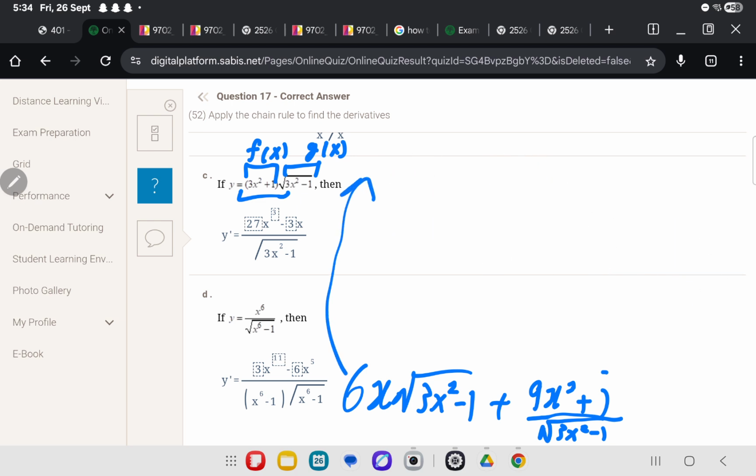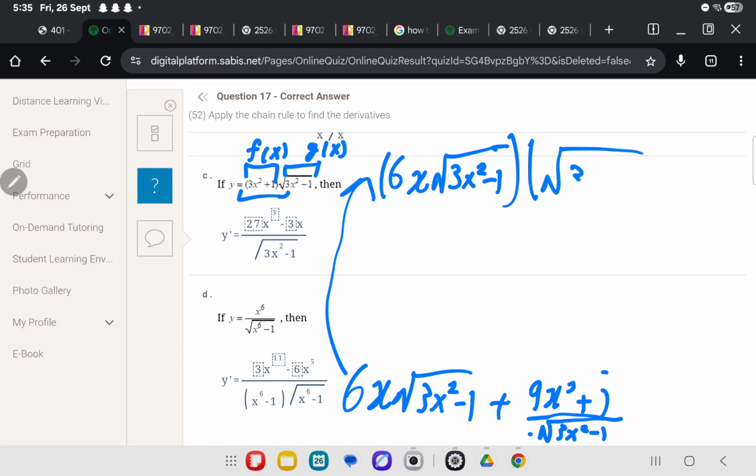So now here I'm going to need to have this as my common denominator, because I need this here so I can simplify. That means I'm going to have to multiply up and down by radical 3x squared minus 1, so I can get this as my denominator.